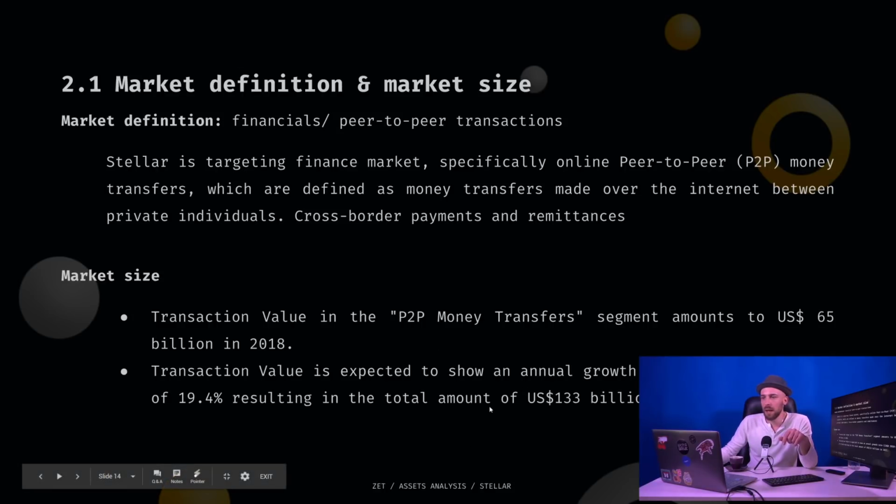As we talk about fintech, Stellar is also targeting the financial market. According to the list of categories we use, to be exact, it targets peer-to-peer transactions. Providing the infrastructure for banks and other financial institutions, it targets mainly peer-to-peer transactions.